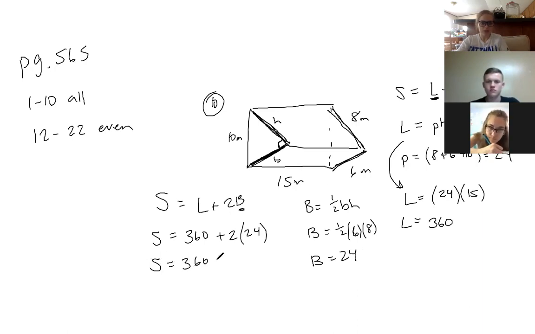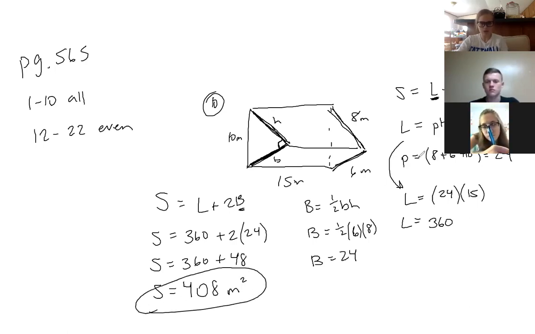So 360 plus 48, my total surface area is 408. And what are my units? Square meters. 408 square meters. So find your lateral surface area, find the area of the base, plug those into your formula, and you got it.